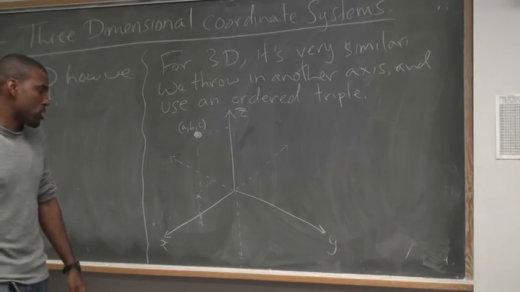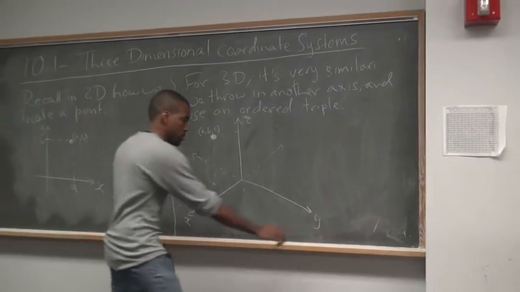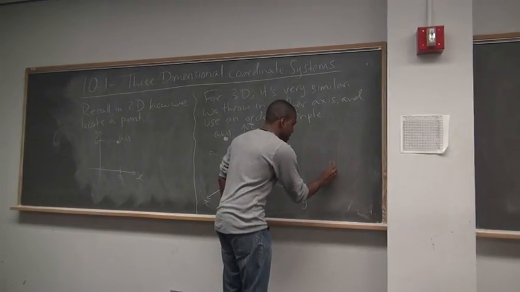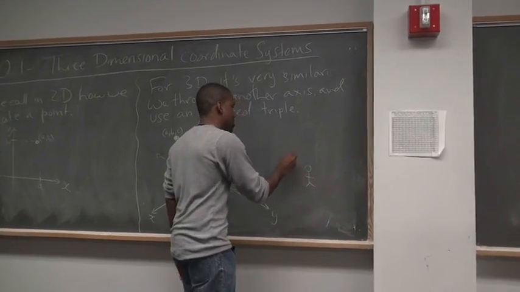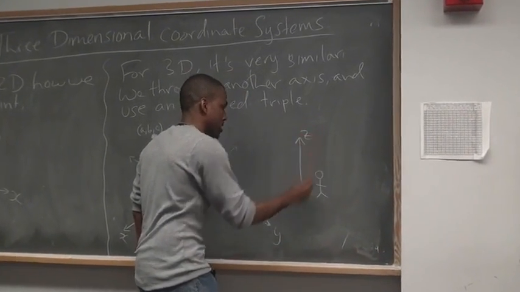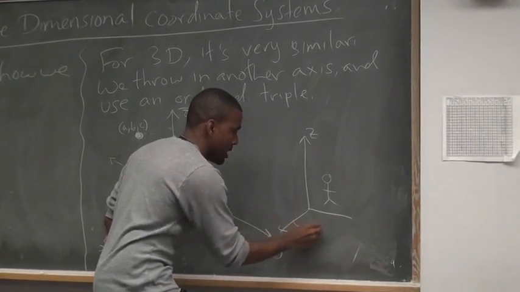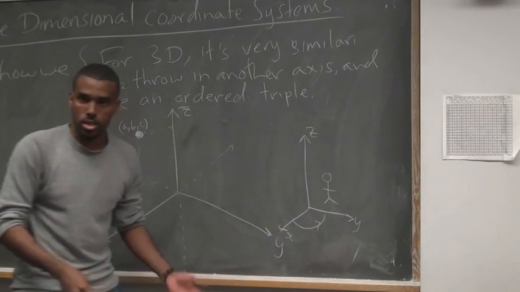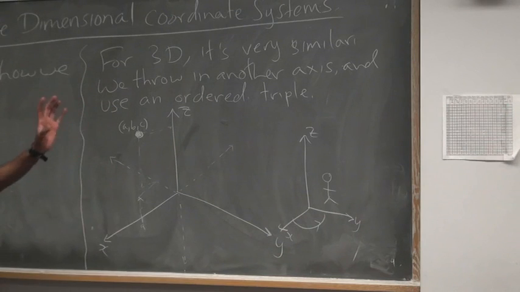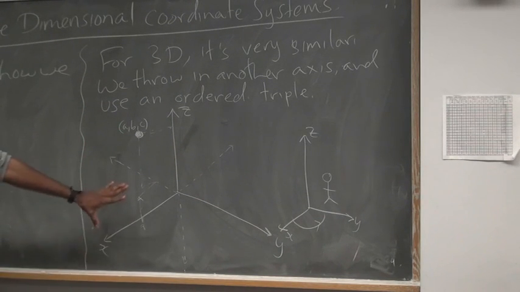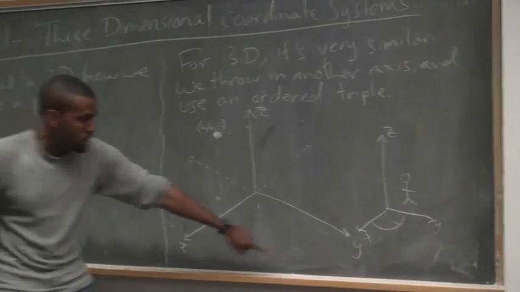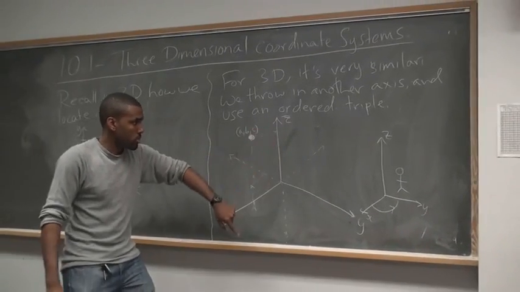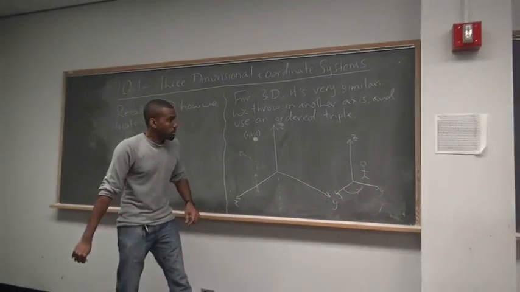You just have to make sure that if you're standing on the xy plane, so that the z is actually going towards your body, then to go from the x to the y, you should be moving counterclockwise, right? So whichever orientation you draw, make sure at least that is true. But this is the standard way to draw it, and this is the way your textbook is going to draw it most of the time. The x is going to be over here, y is going to be over here, the z is going to be over there.